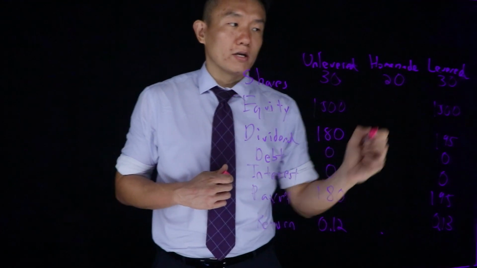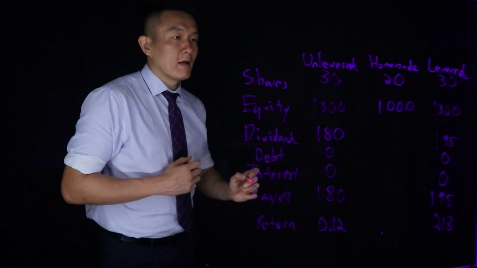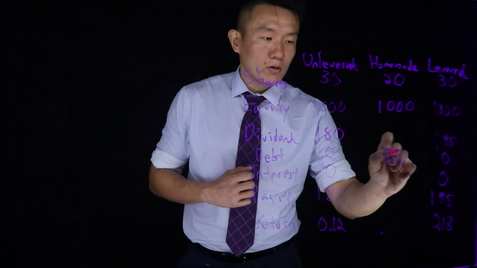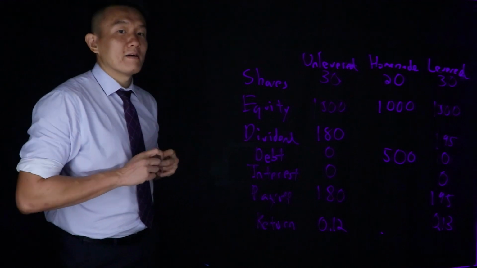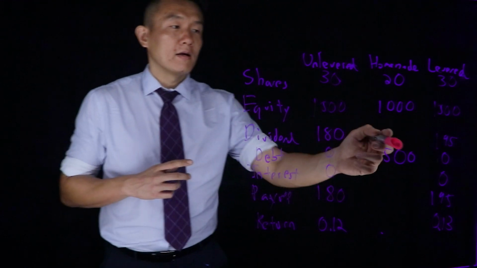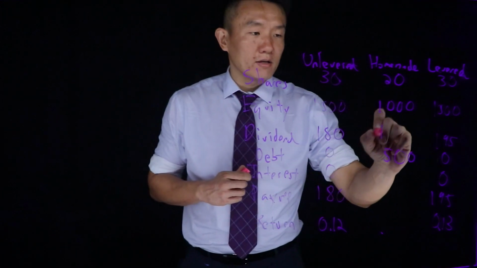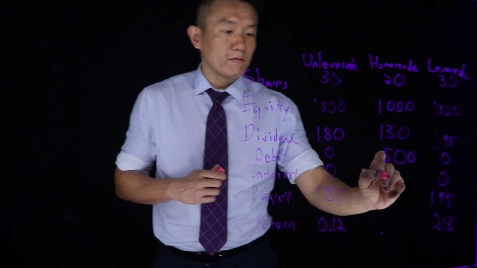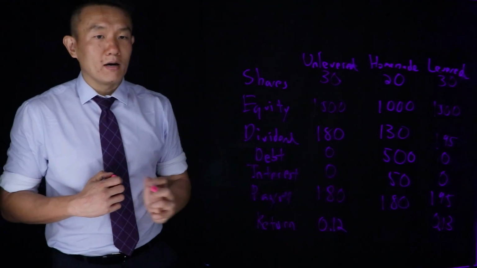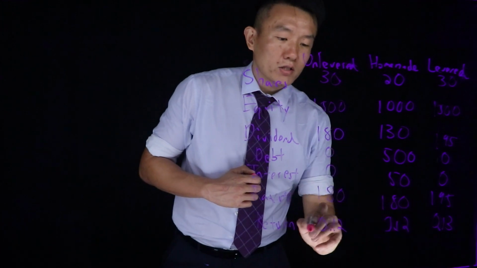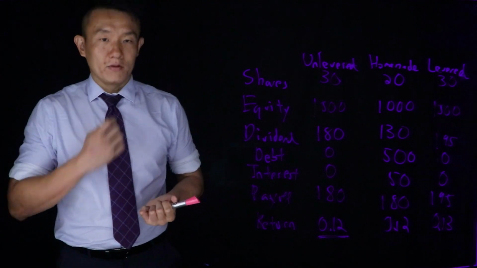They'll only own 20 shares for $500, and they're going to buy $500 worth of debt. This means that they'll receive $6.50 per share still, so $130 in dividends, and then an additional $50 in interest payments, which will give them a total payoff of $180, which replicates the 12% return in the unlevered firm.